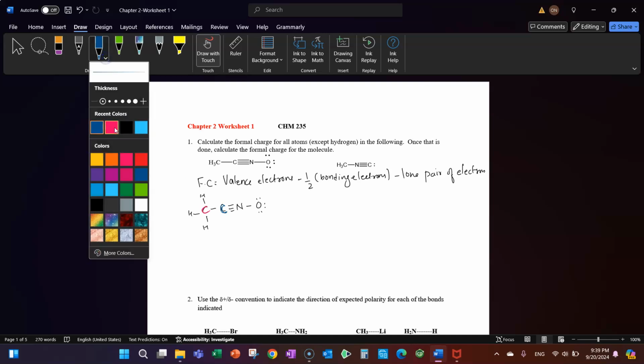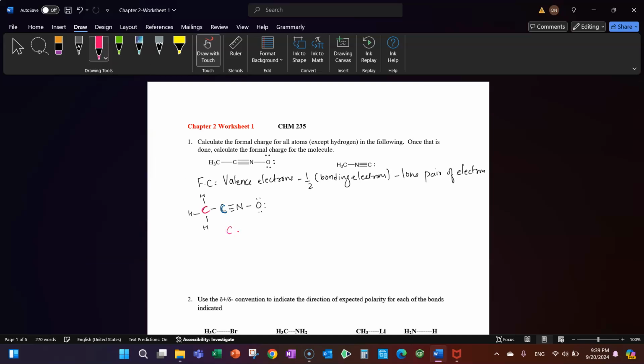So to calculate the carbon that's red, the number of valence electrons is 4 minus 1/2 the number of bonding electrons, which would be 2, 4, 6, 8. So times 8, minus any lone pairs on this red carbon? No, so we put a 0. And so that would be 4 minus 4, which is equal to 0.